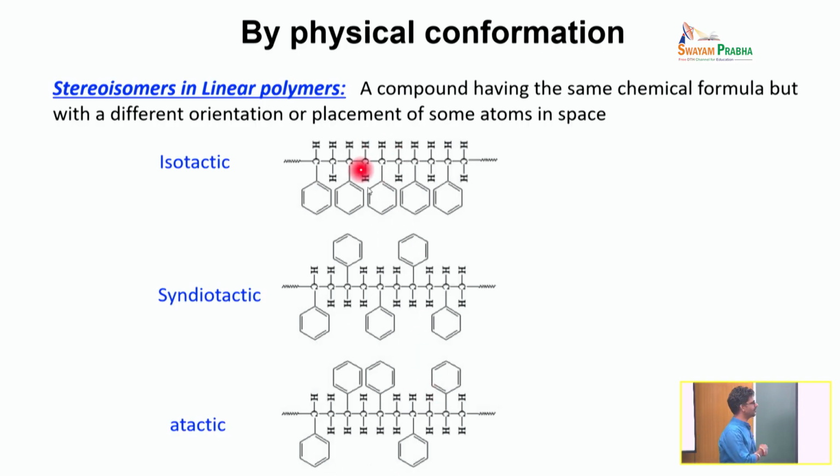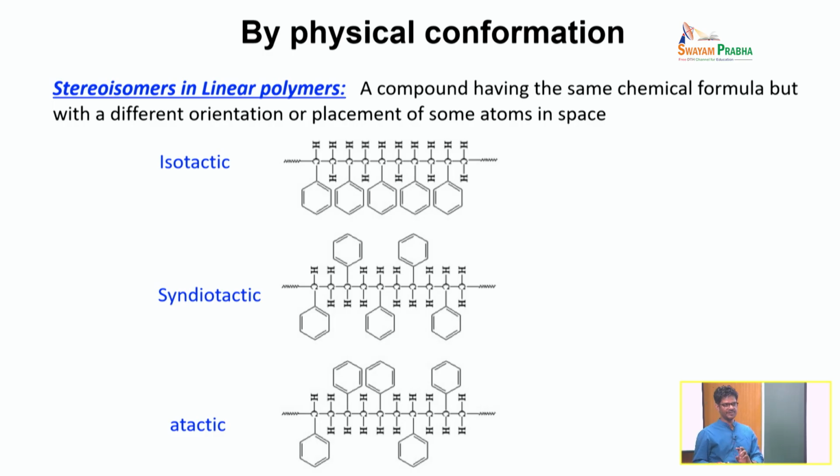All of them are polystyrene, but in this two-dimensional representation, you can see the way the styrene side group is arranged. In this first example, all the styrene groups are on one side, all the hydrogens are on the other side, and there is a hydrogen between each of the aromatic groups. We call this isotactic polystyrene.